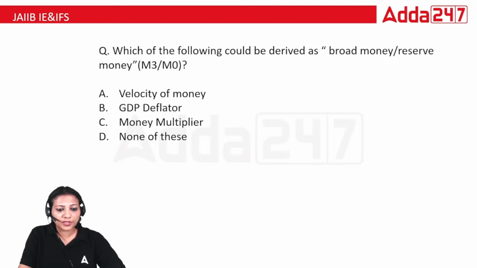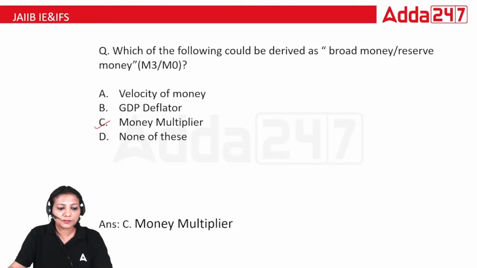So which of the following could be derived as broad money divided by reserve money? M3 divided by M0. Velocity of money, GDP deflator, money multiplier, none of these. And the right answer for this is money multiplier.